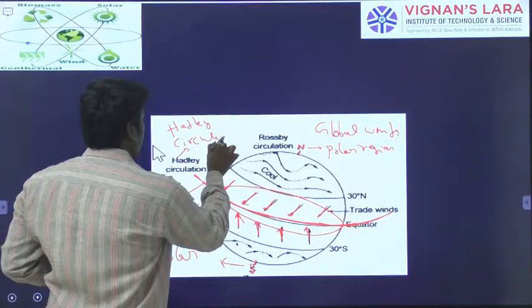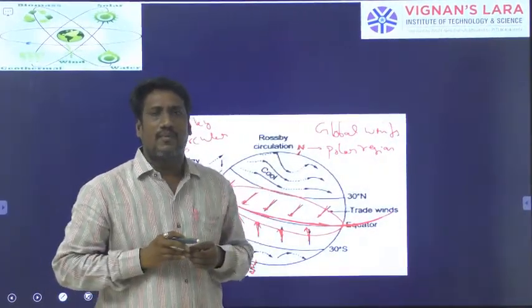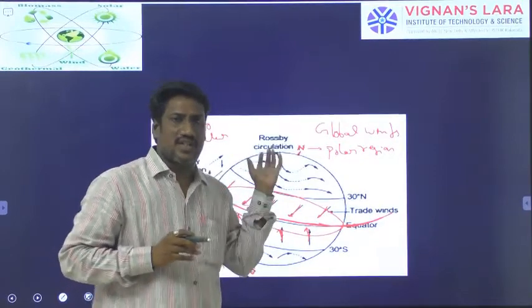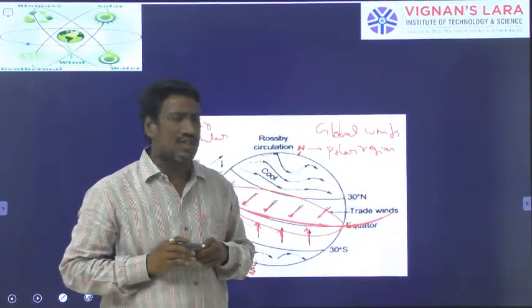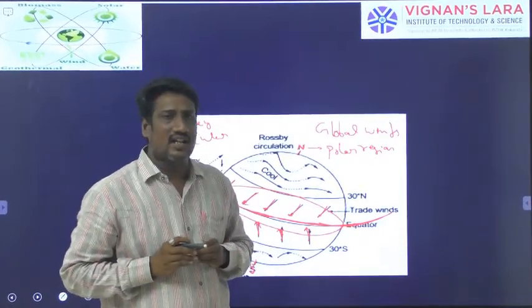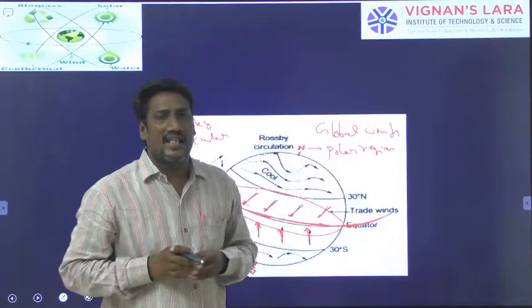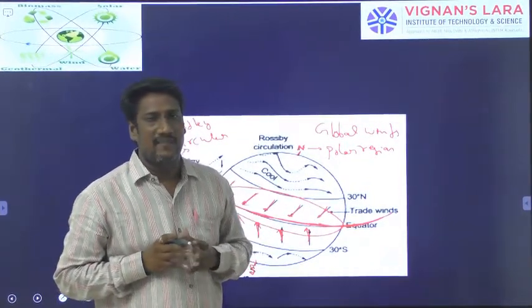The cool air from polar regions blows towards the equator line, and replaces the hot air in the equator line. It can be called a Hadley circulation.